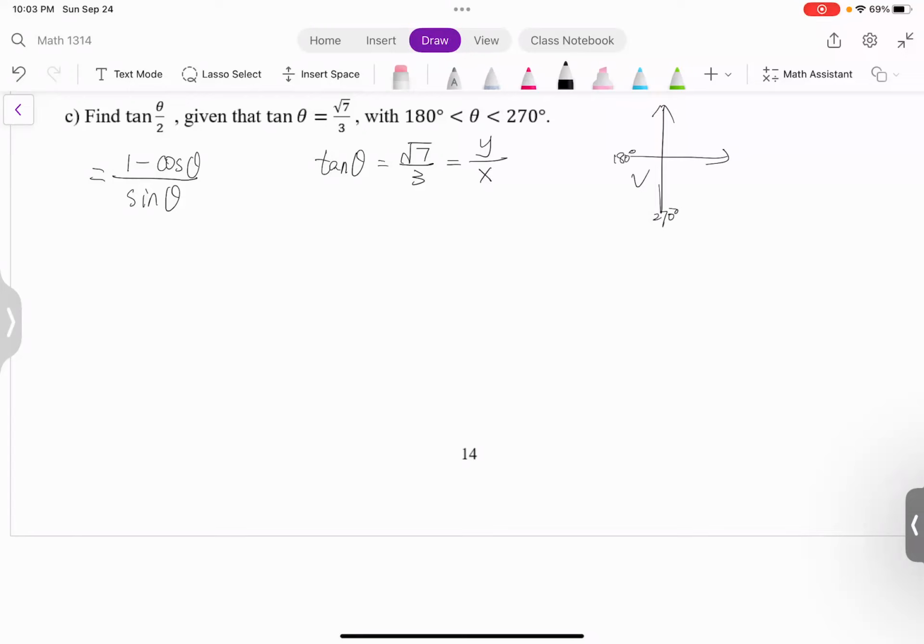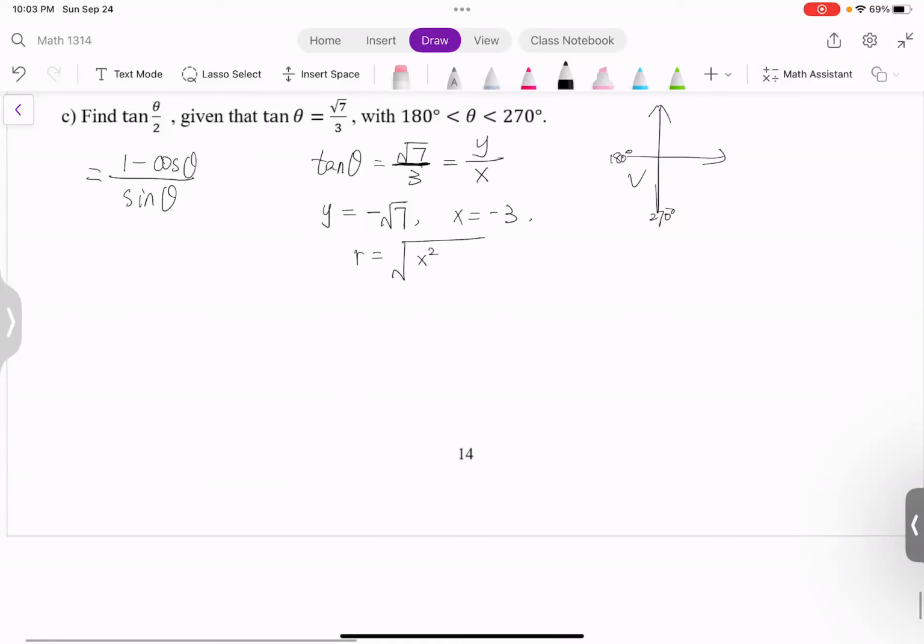That means the tangent value is positive, but my y and x are both negative. So y equals negative square root of 7, x equals negative 3. All right, that means I can find my r. R is positive. You have no negative number.